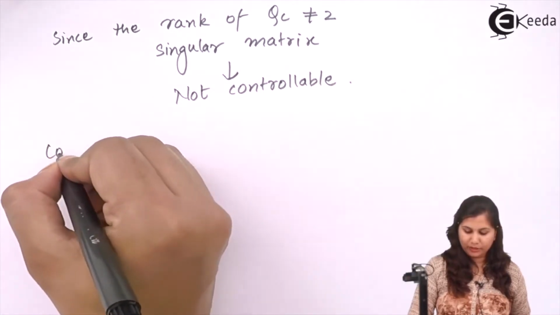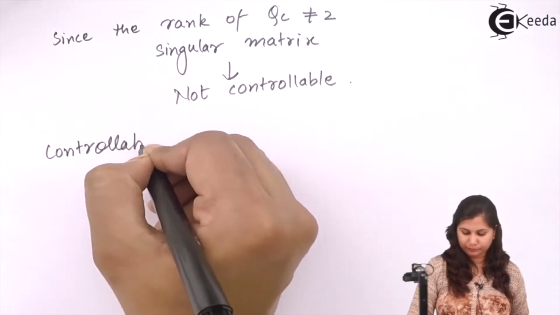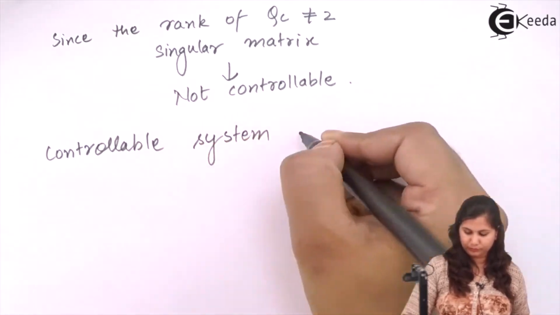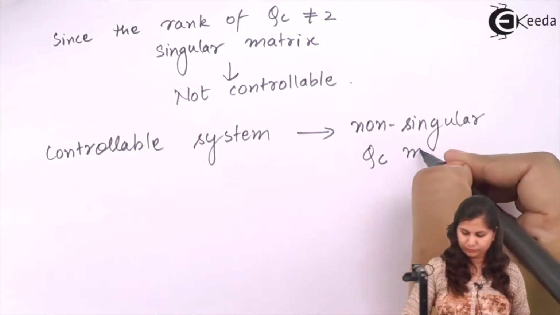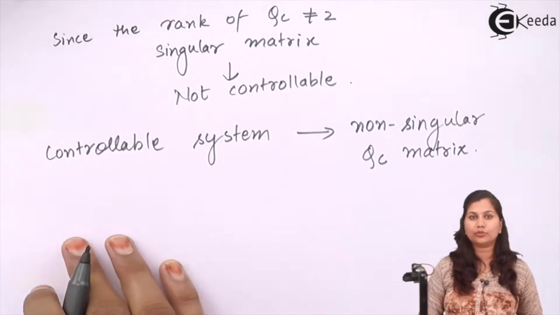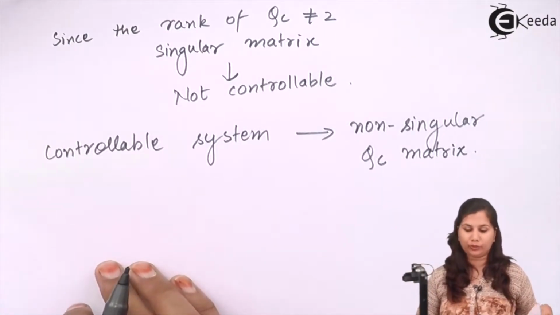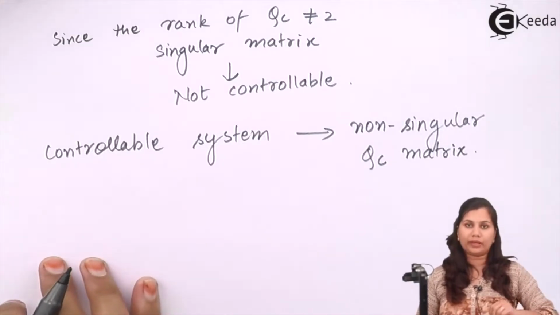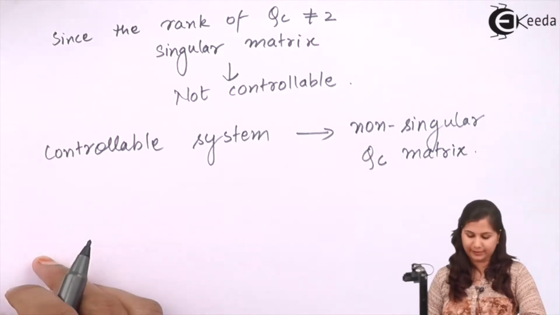For a system to be controllable, the matrix should be non-singular. So this is how we can determine the controllability of a system whose state model is given to us. Now comes observability. How can we check the observability of a system?